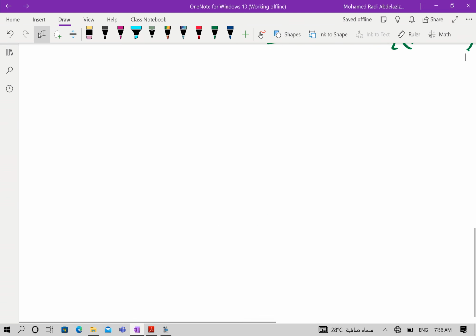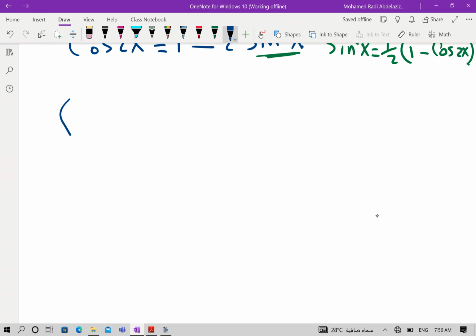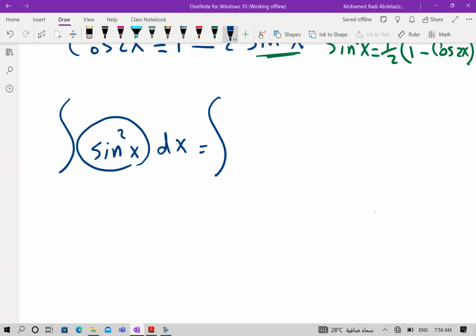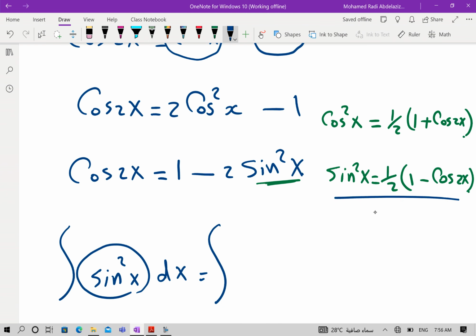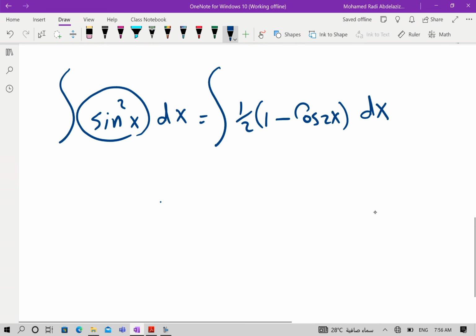Now integrate sine squared x dx. Start to remove sine squared and write this identity. Sine squared is half, 1 minus cosine 2x dx. Half is a constant value, leave it. How to integrate 1? It is x.